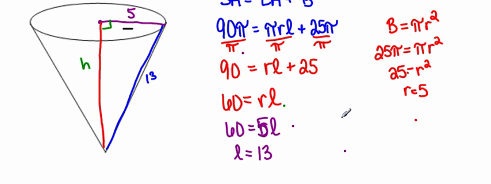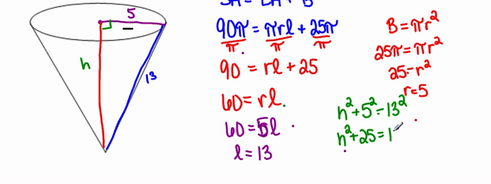We can set up a problem using the Pythagorean theorem that'll help us find the height of our cone. When I square 5, we get 25. Square 13, you get 169. And this has us back on familiar territory. It's comfortable, it's easy. We find the height of our cone to be 12 inches.